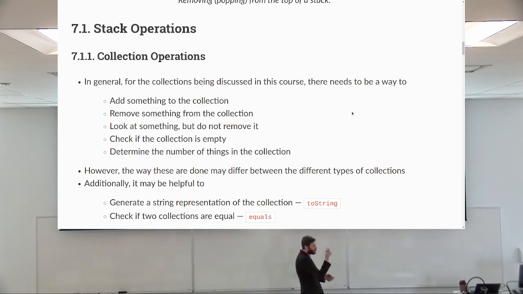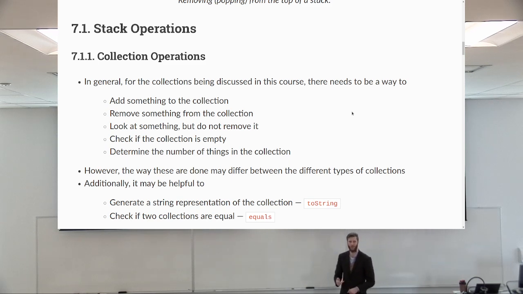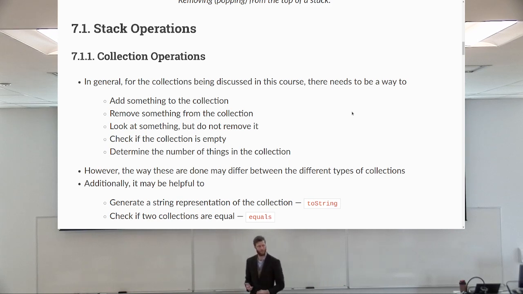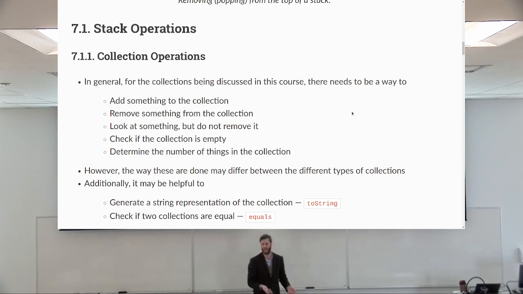So those are the core 5 things we care about for all the collections we're going to write. A way to add, a way to remove, a way to peek at it, a way to check if it's empty, and how many things are on it. I suppose you could say, well, empty is kind of redundant if you have a size, but whatever. We'll do that as well. Because if the size is 0, that means it's empty. But we'll do that anyways.